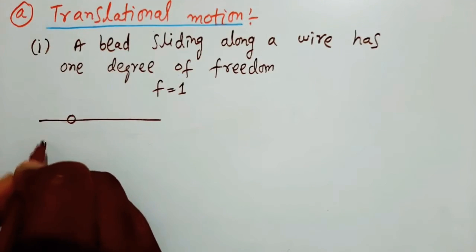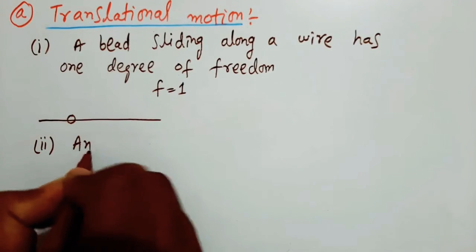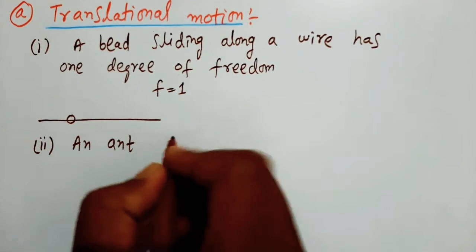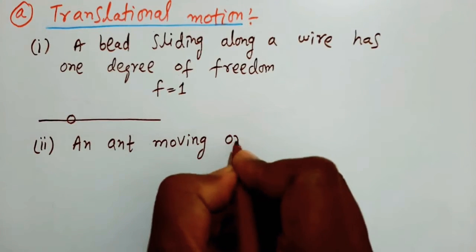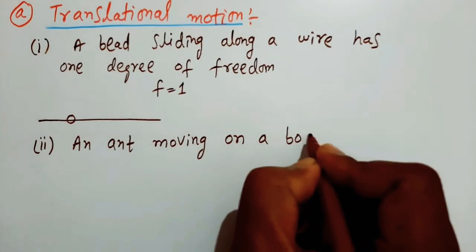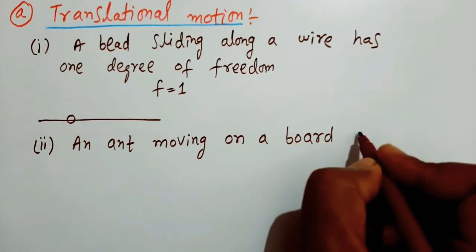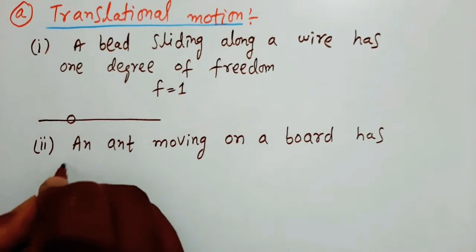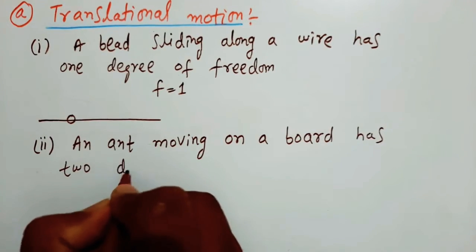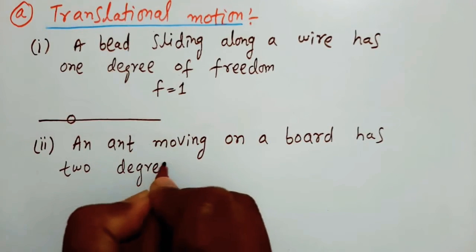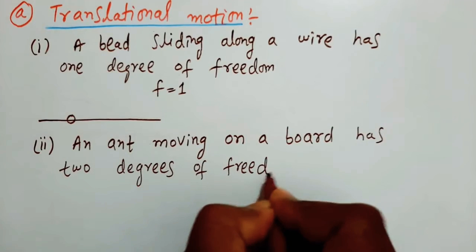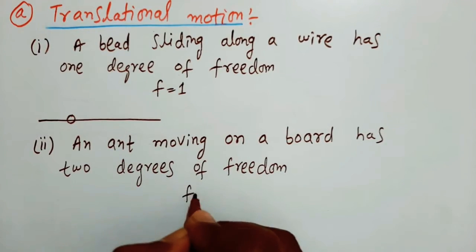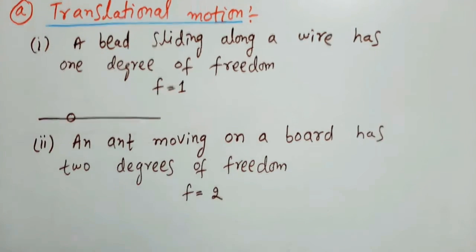An ant moving on a board has 2 degrees of freedom. That is, here f is equal to 2.